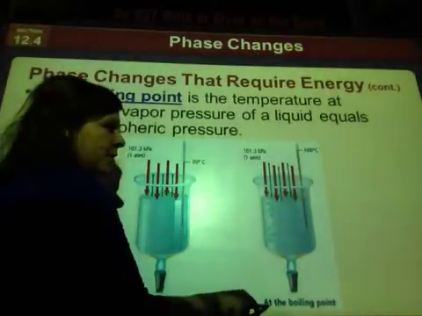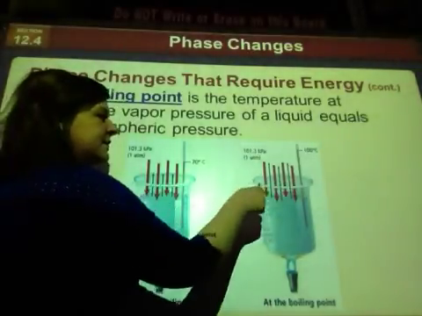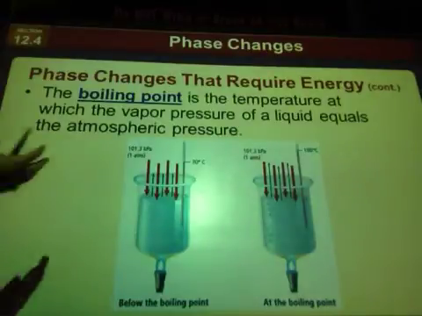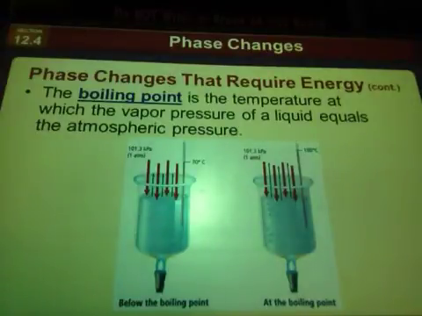At boiling point, though, I can see that the sizes of the arrows are all equal. So at boiling point, atmospheric pressure is equal to the vapor pressure. And when that happens, our intermolecular forces are breaking, and I'm going to have the liquid molecules turning into gas molecules.